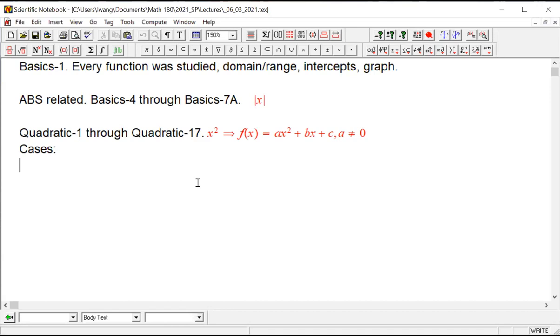In terms of opening, you have opening up, opening down, and we typically classify this as just 3 cases. The parabola crosses the x-axis twice.